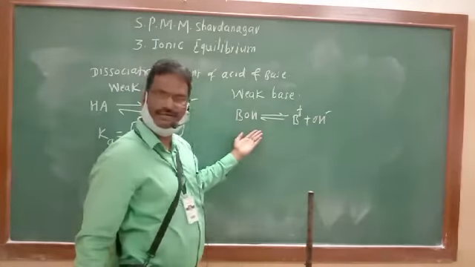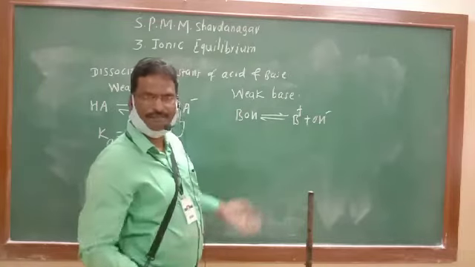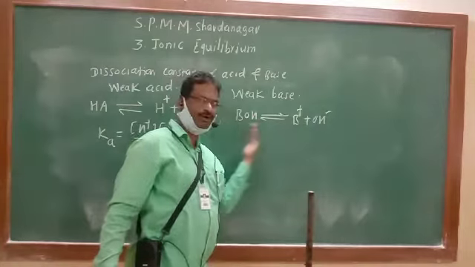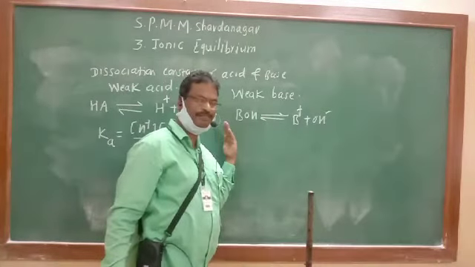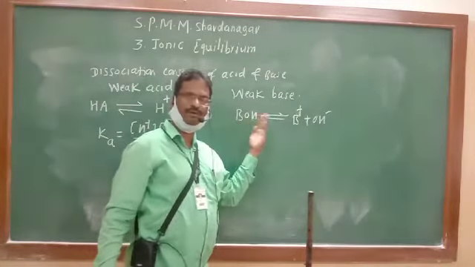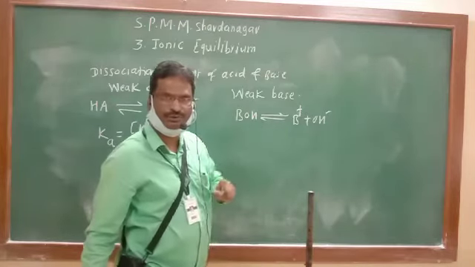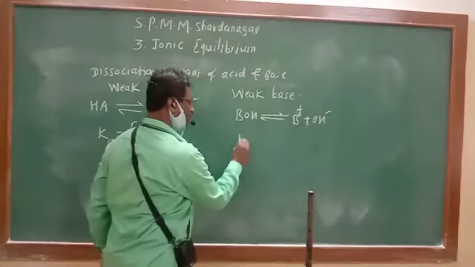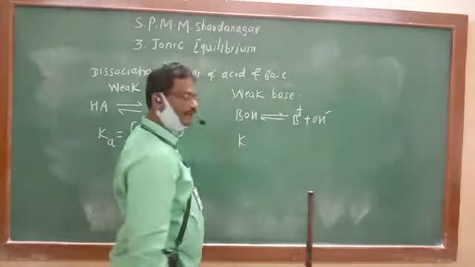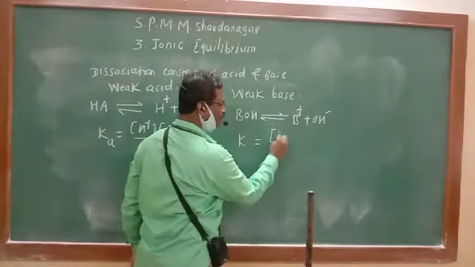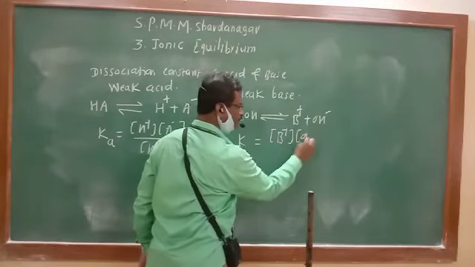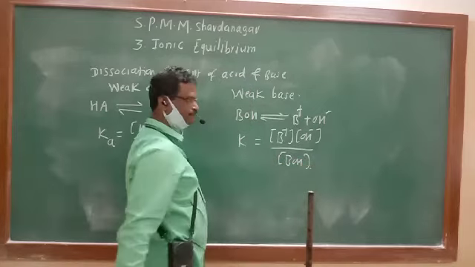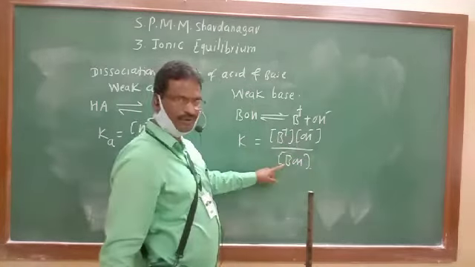To this equilibrium, by applying the law of mass action, the rate of forward reaction can be calculated, then the rate of backward reaction can also be calculated, and by taking the ratio we can calculate the equilibrium constant K. K will be equal to the concentration of products divided by the concentration of the reactants, B plus OH minus upon BOH.